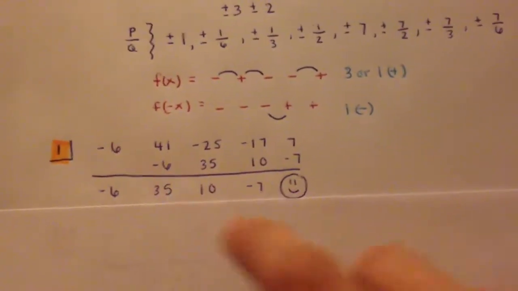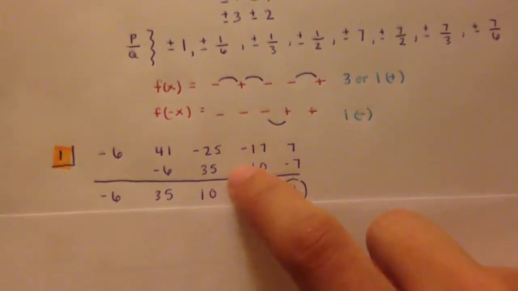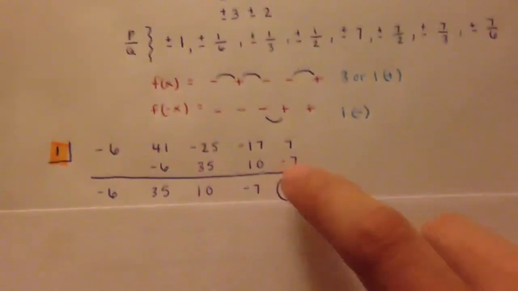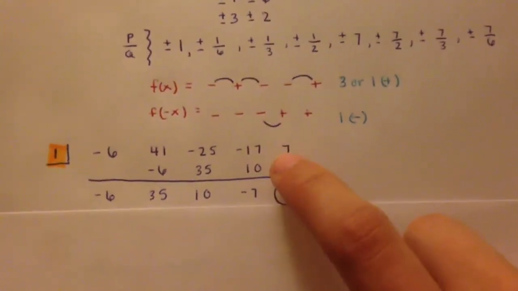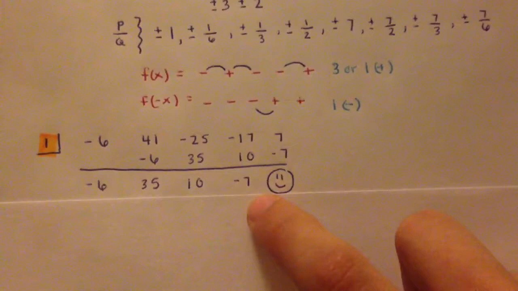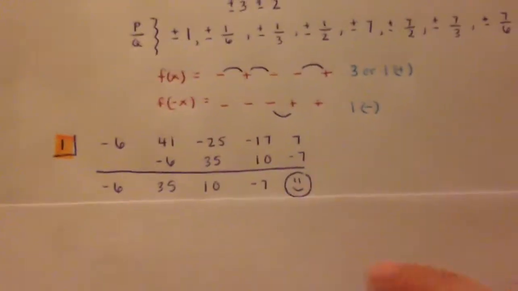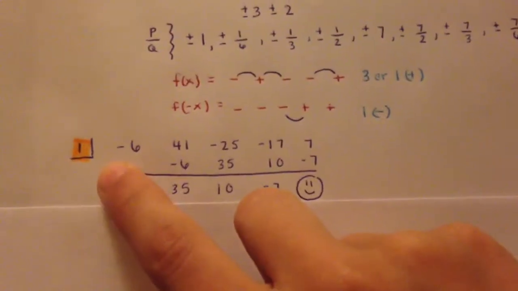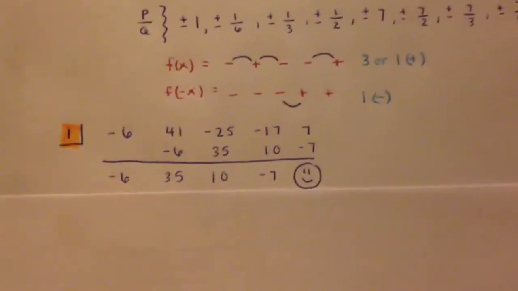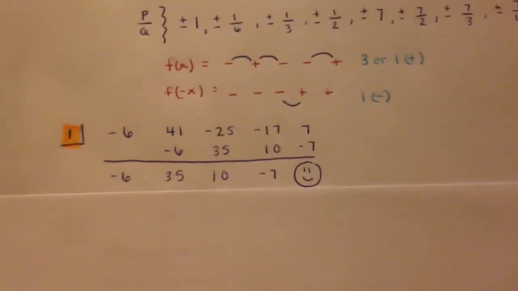Then 35 times 1, negative 25 plus 35 is 10. 10 times 1 is 10. Negative 17 plus 10 is negative 7. 7 plus negative 7 is 0. So we get a 0 here, so we know that 1 is one of our zeros.